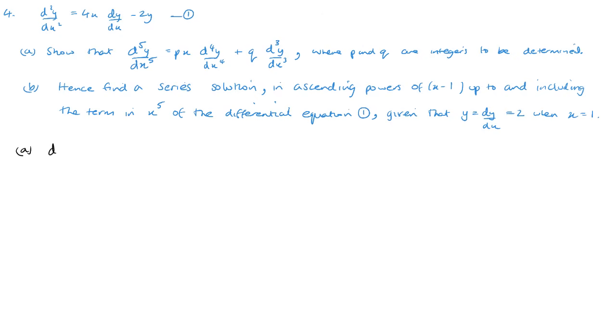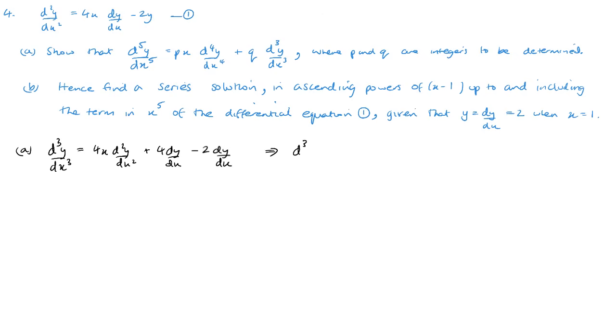So we're going to differentiate this. We get d3y by dx cubed equals 4x times d2y by dx squared plus 4 dy by dx, you know, the product rule, minus 2 dy by dx.